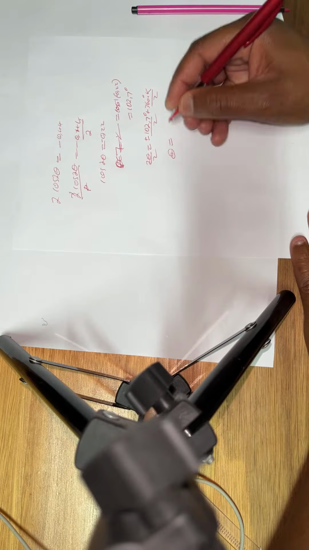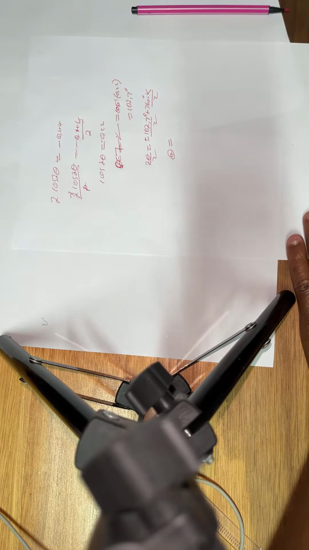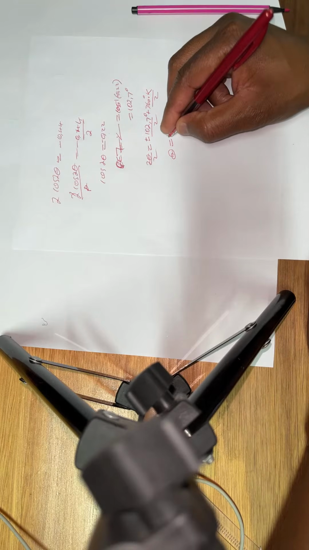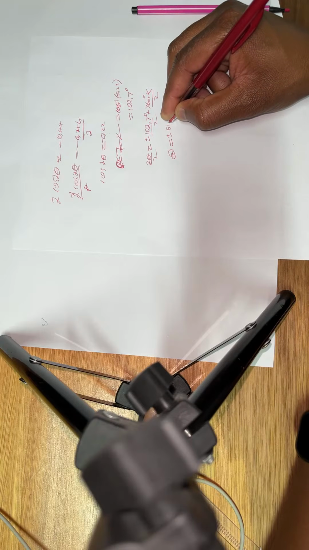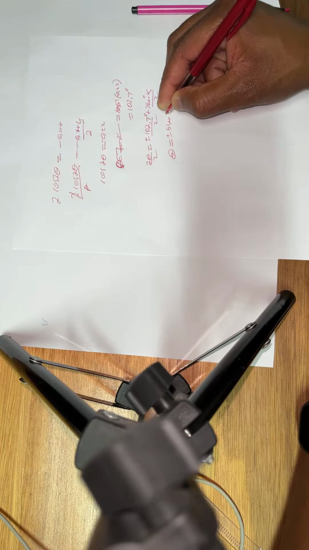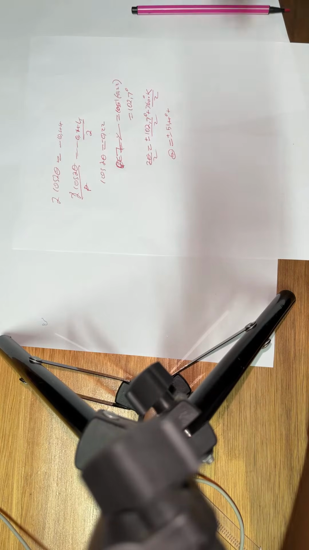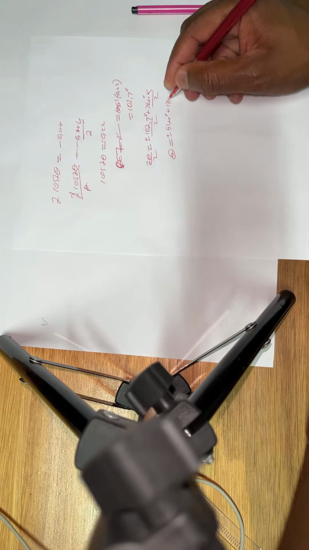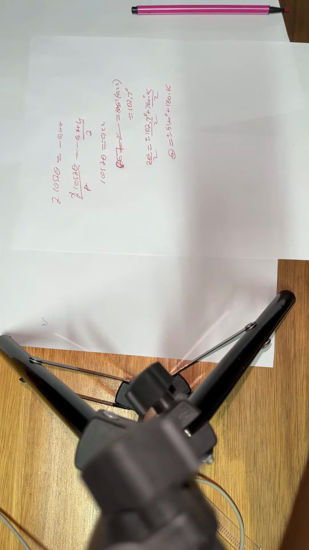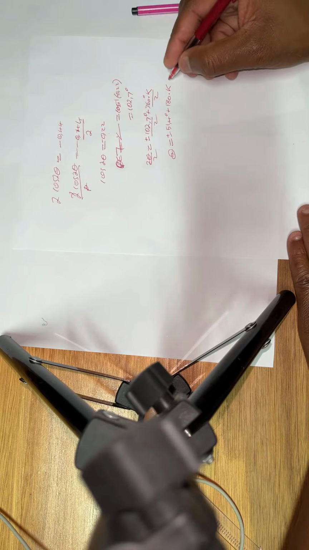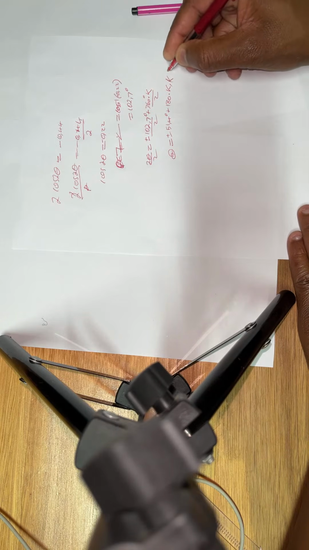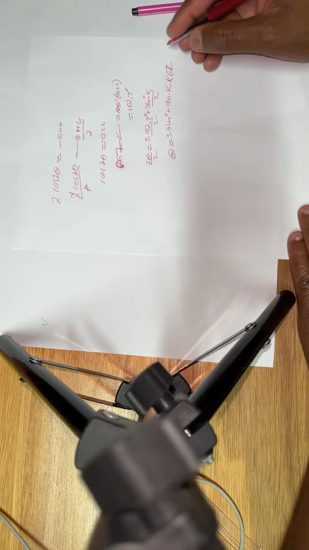So this will be theta equals 102.7 divided by 2, which is plus or minus 51.4 degrees plus 180 degrees times k, where k is an element of all what? Integers.